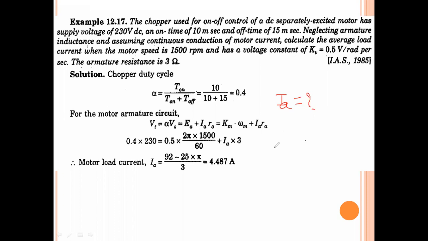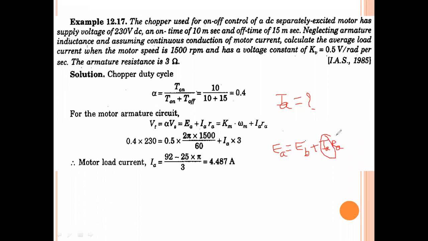So for a DC separately excited motor, we know that EA, which is the armature terminal voltage of the motor, is equal to back EMF EB plus IA RA. We need to calculate this IA.